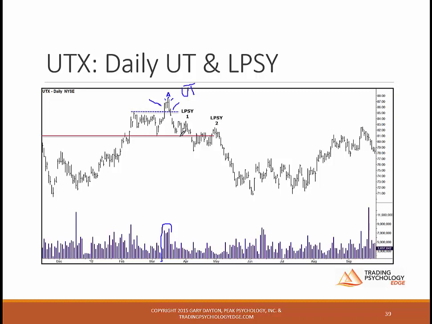So we come down and we use the count guide thinking about this, okay, and we say, okay, last point of supply in here, right? After an upthrust, we're going to see a sign of weakness, and we do see that. We retrace all the way back down here, and so we have a last point of supply.